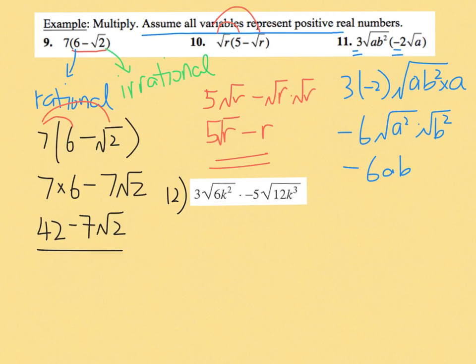So from here, I can start to simplify the radical terms if I want to, or multiply the rational parts together. So I can first of all write 3 times negative 5.